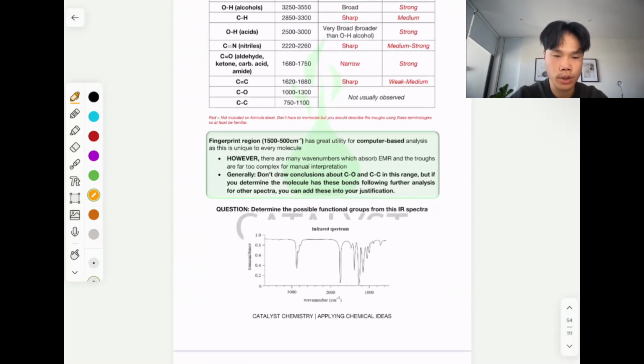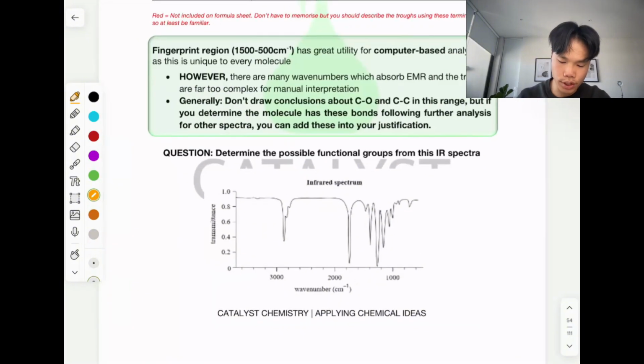The fingerprint region, whilst we don't really use it for most of our analysis, can help to identify molecules with a computer and their database, and we still can get information from it, particularly the 1,000 to 1,300 range for the C single bond O. That's important for your esters, alcohols, carboxylic acids, just as an extra piece of information, but particularly for esters.